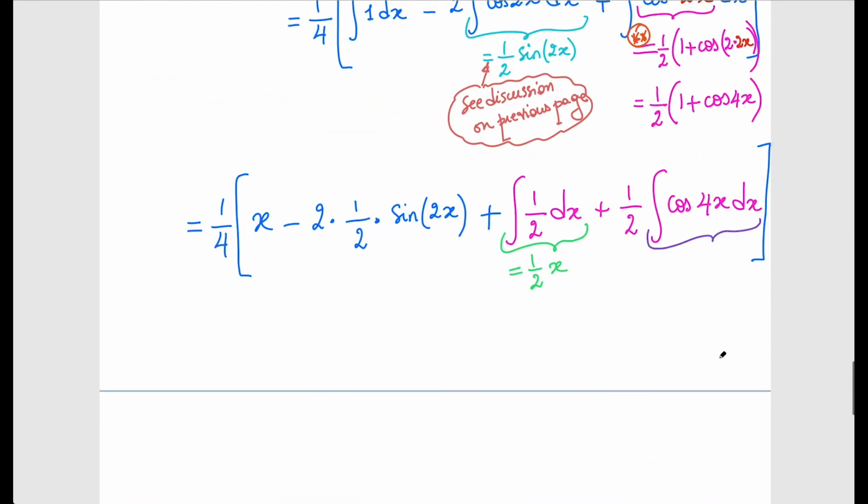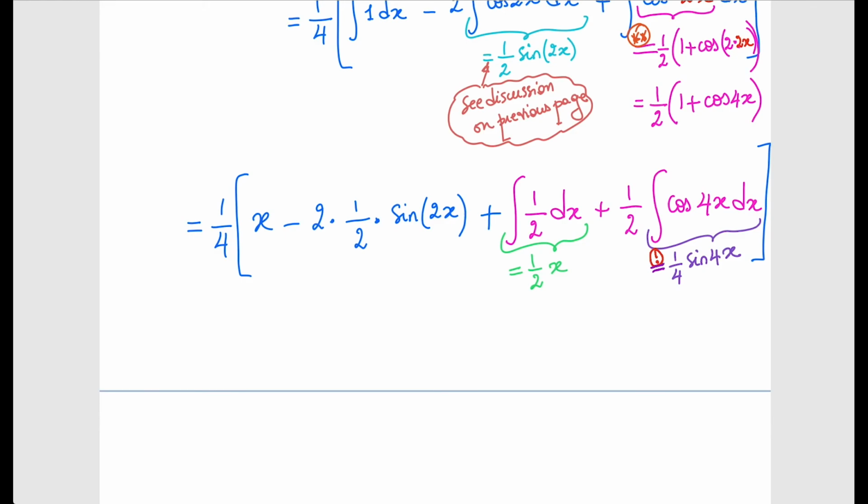So 1/4 sine 4x, right? Technically it's the same discussion that's going to be applied here. Let me just put an exclamation mark to tell you that I explained this at least in the video, if you see it in the notes.